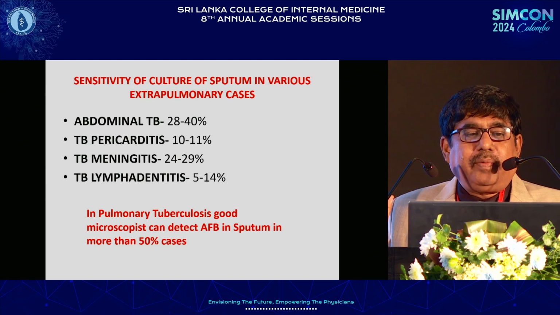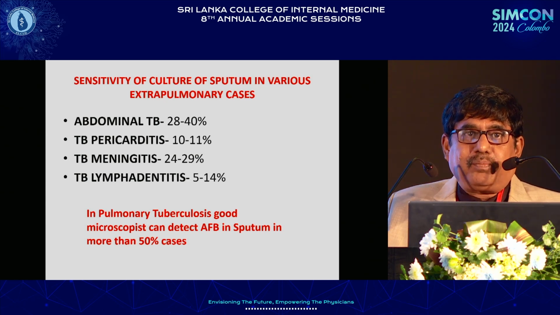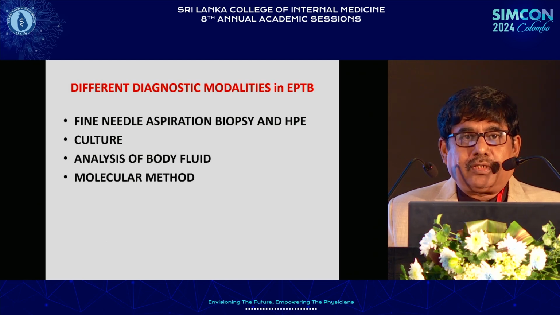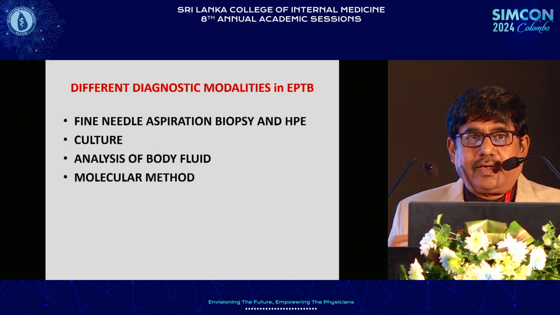Whatever may be, it is very difficult to get AFB positivity above 30 to 40% of cases. So without AFB positivity, stamping a case as extrapulmonary tuberculosis becomes difficult and more difficult day by day.